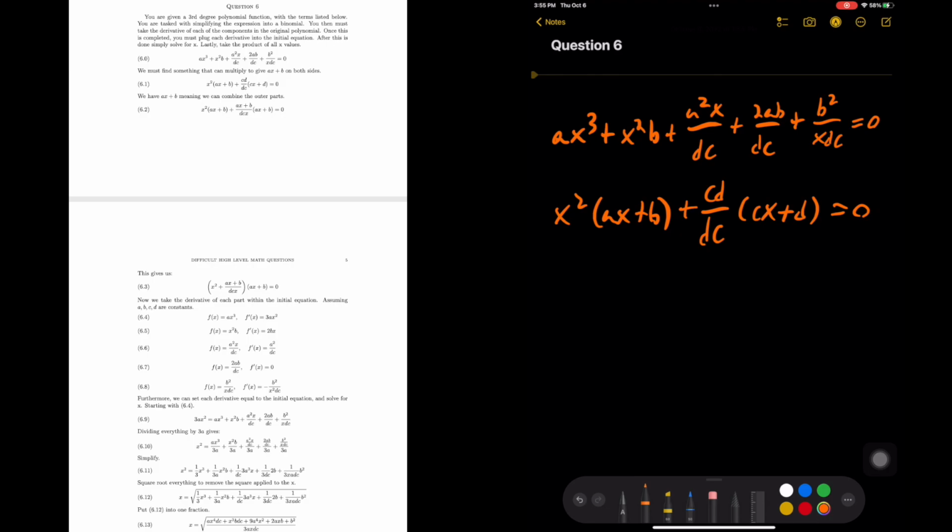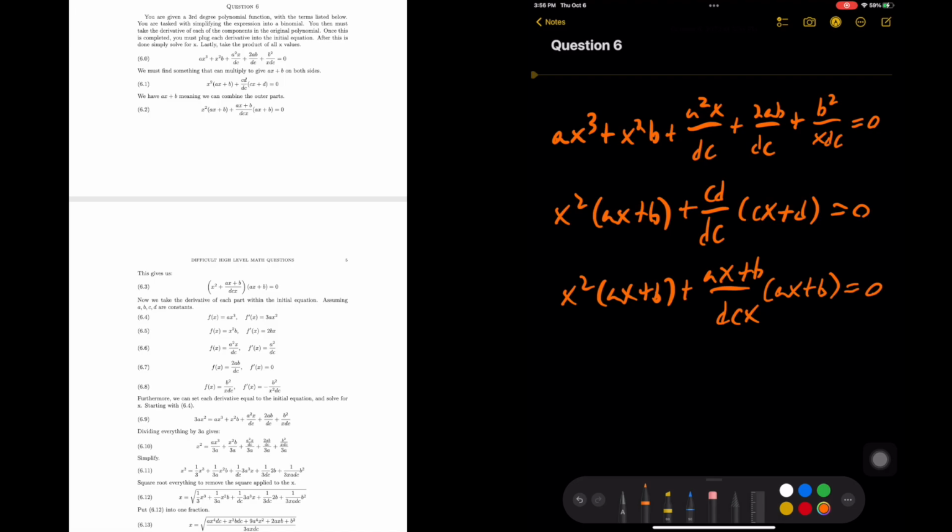So we have x squared times ax plus b plus, and then we're going to have ax plus b on the numerator, and we have dcx on the bottom. And this is all multiplied by ax plus b. So obviously if you break this out, you can find that it's exactly the same as the initial expression, just simplified and put into the form that we want it to be.